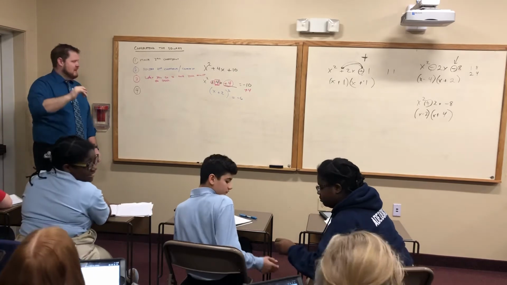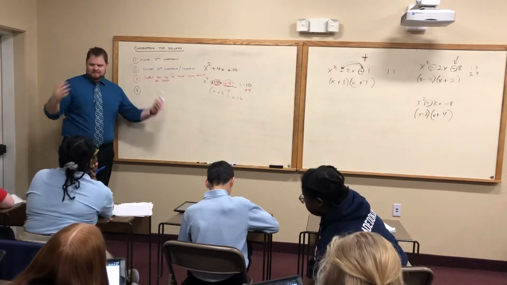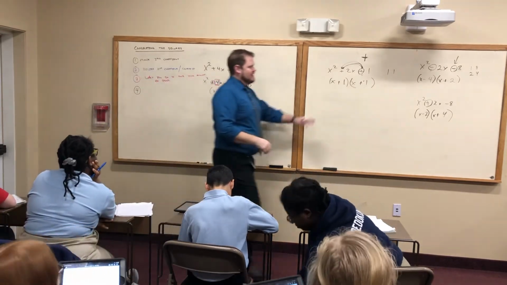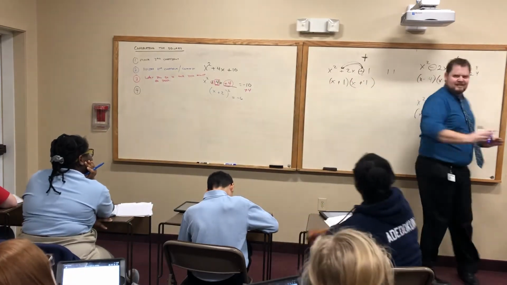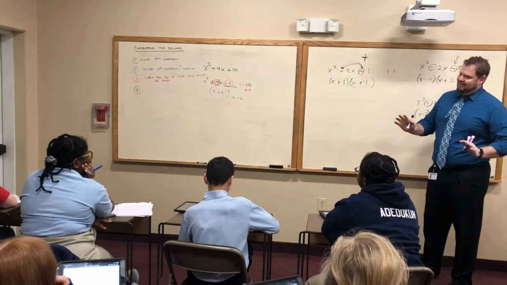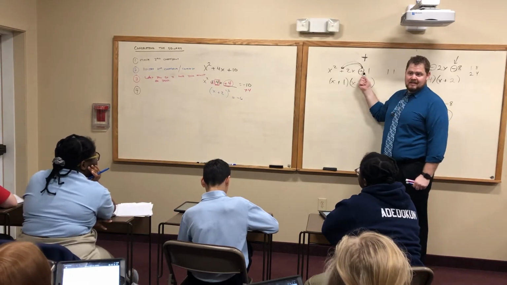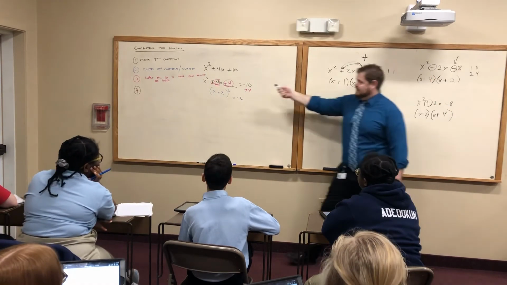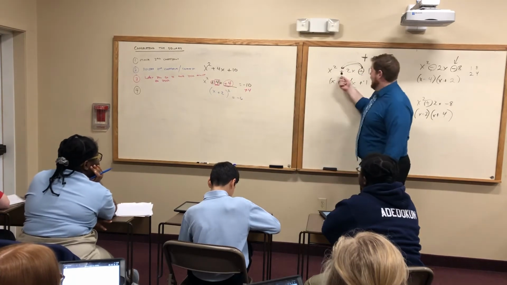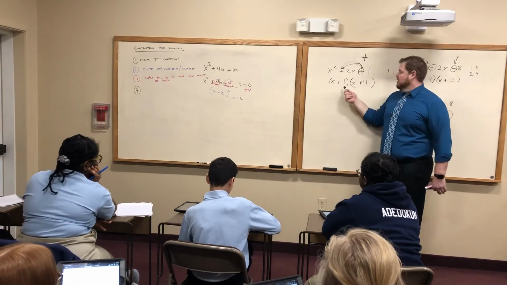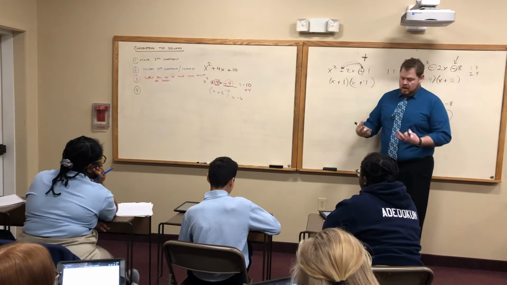Now remember, all this stuff I taught you over here, it's all going to come in handy now. If it's plus, which it is, right? And this is plus, then what are these going to be? Plus. Good.